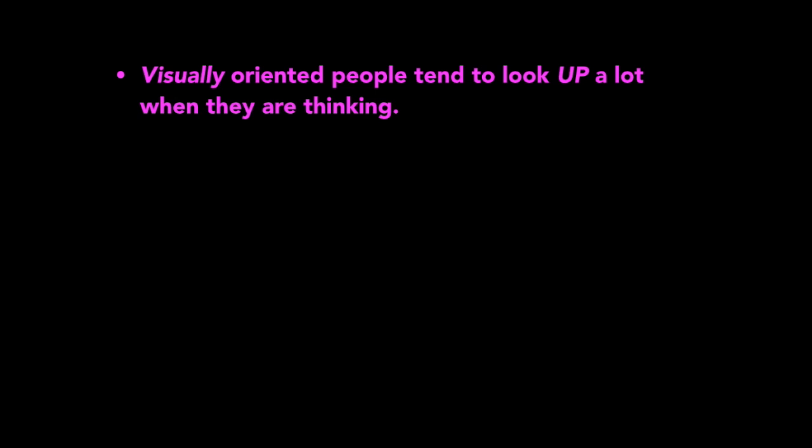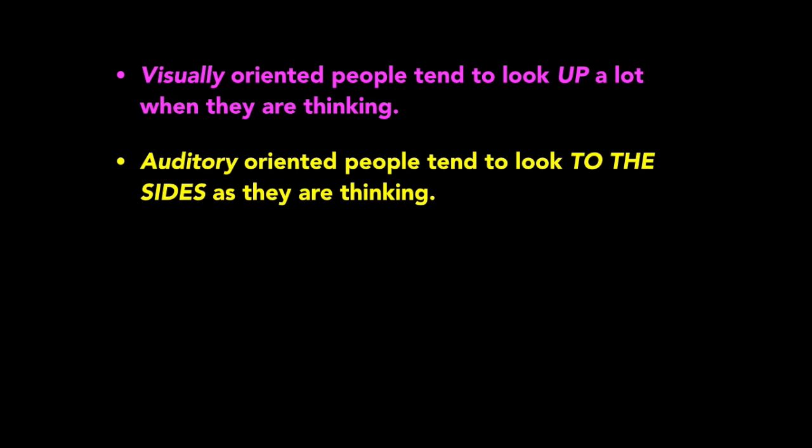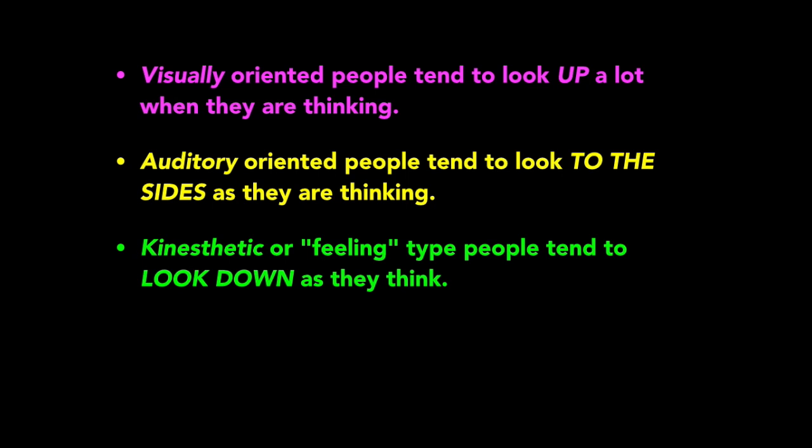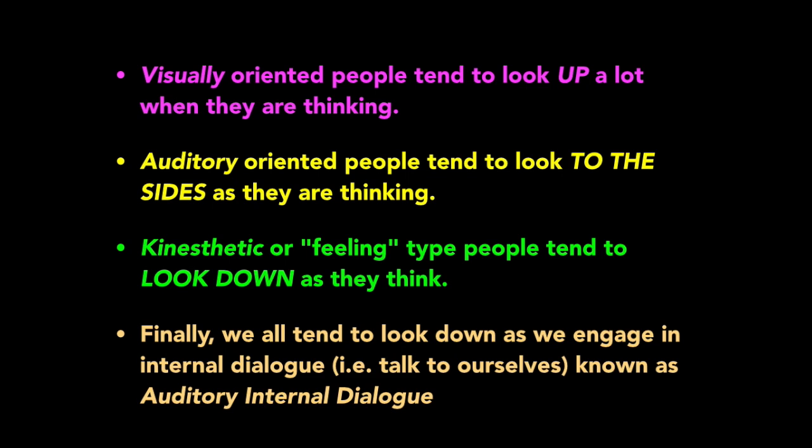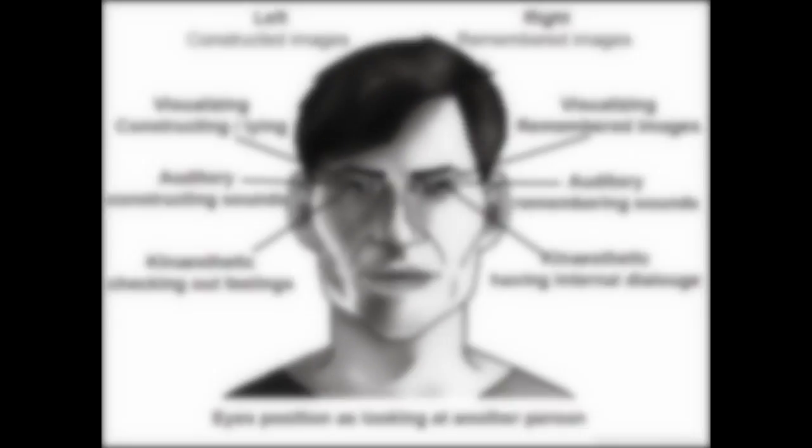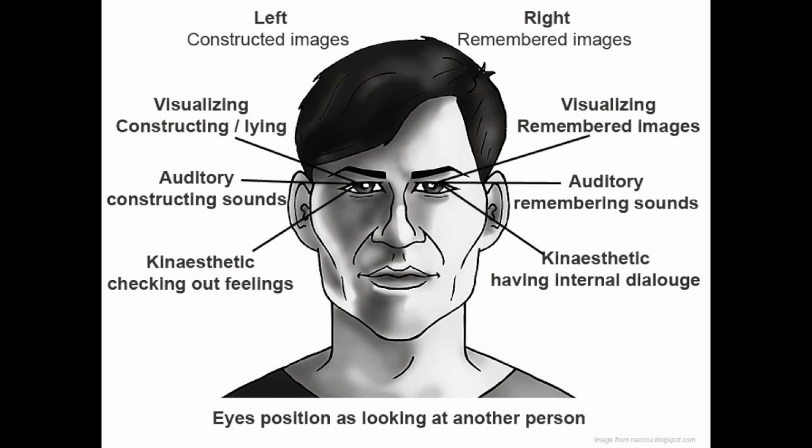Just a quick recap: auditory to the sides, kinesthetic down, and finally we have another one which we all do, an internal dialogue. When we're talking to ourselves, basically, we tend to look down and up. Okay, so in a visual mode, this is basically what it is.